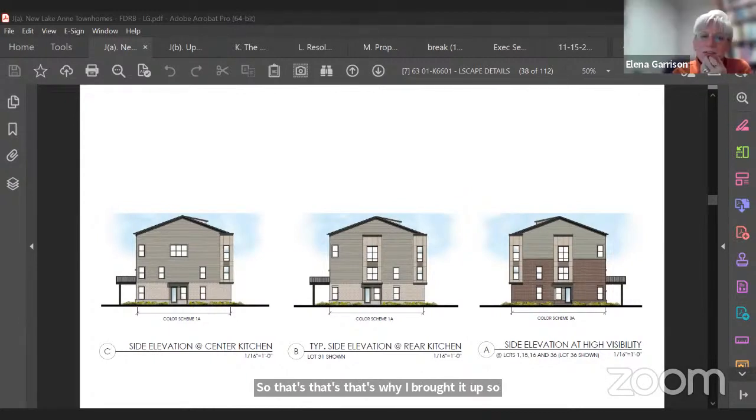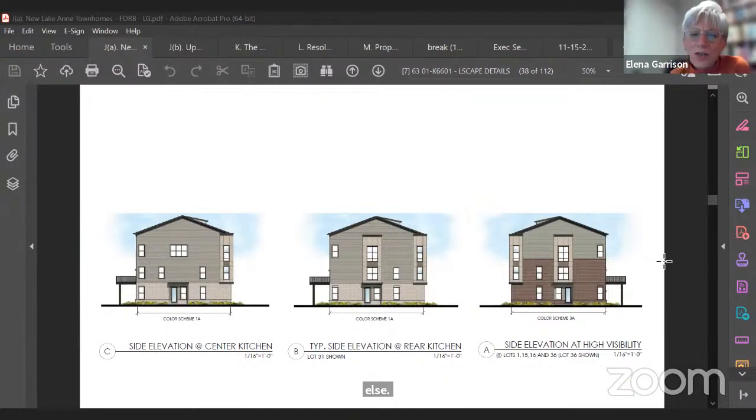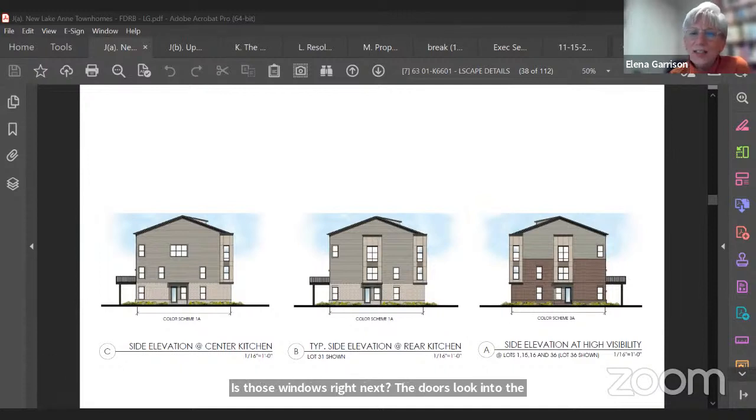Yeah, I would like to mention something else, a pet peeve: those windows right next to the doors look into the garage, which means they're always going to have closed shades. Has any thought been given to using high square windows, same shape, but just half of the hung window?